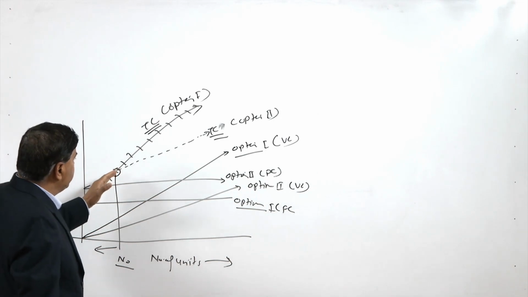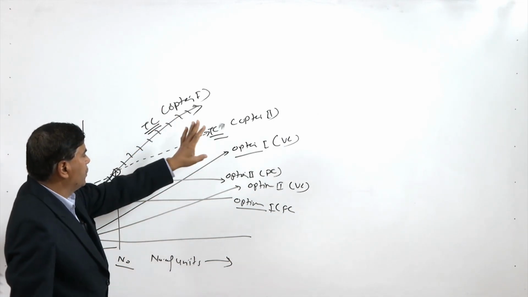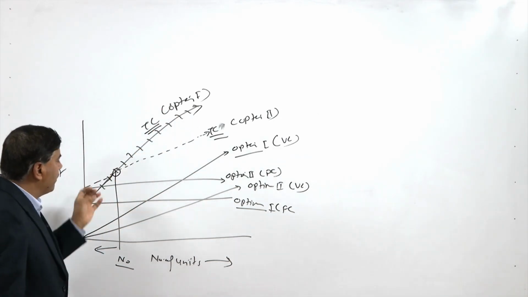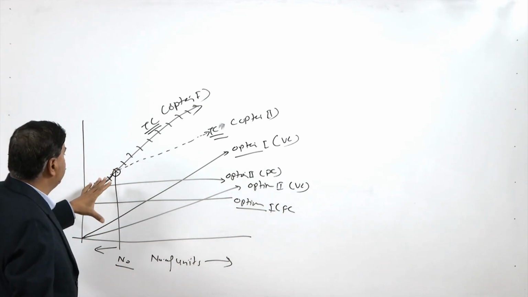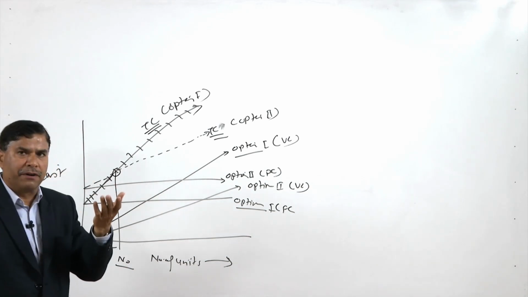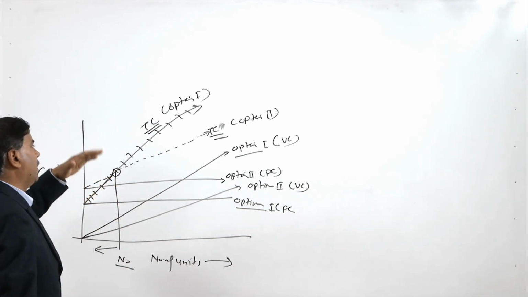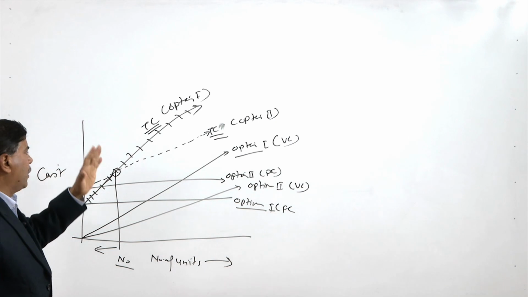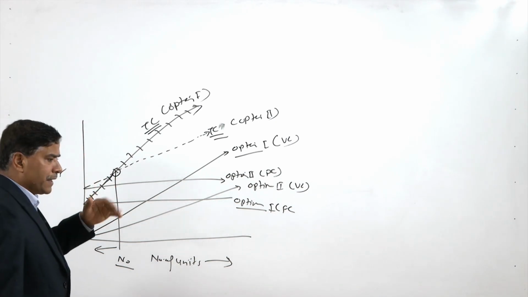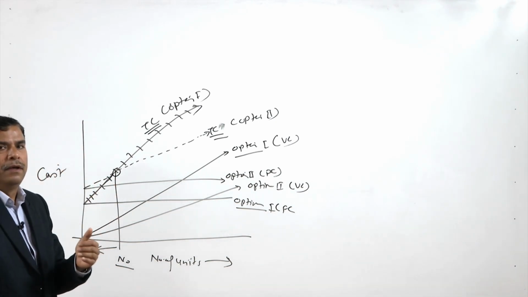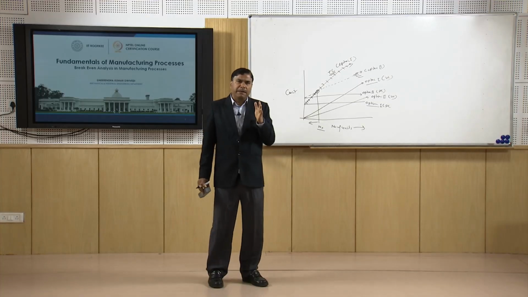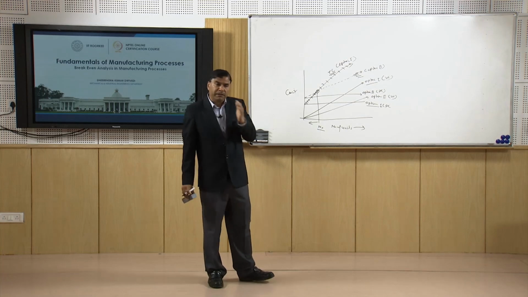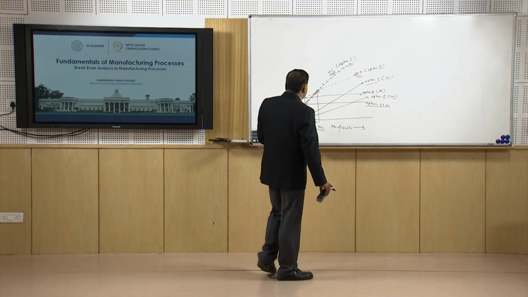We try to identify the total cost for the two options, and wherever these two lines intersect will help us identify the limit. Likewise, we can have n number of total cost lines for various options, and wherever they intersect can be used to find out the limit up to which a particular option will be more suitable as compared to the other options.